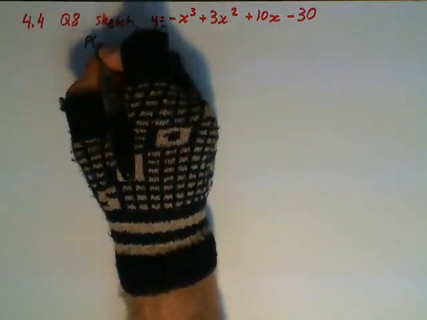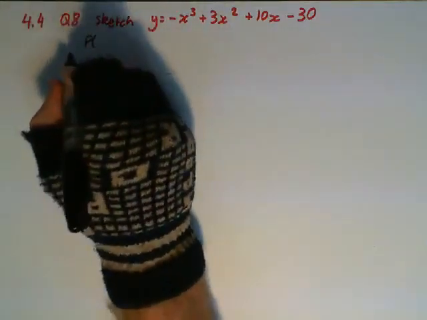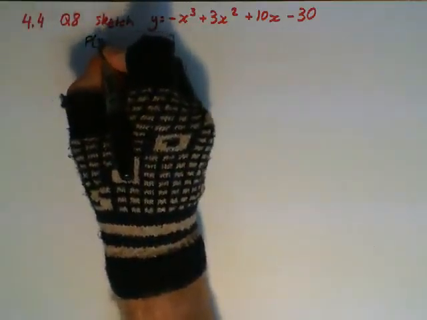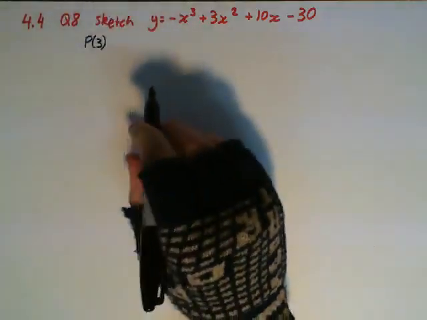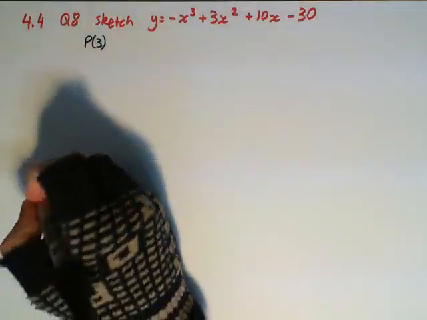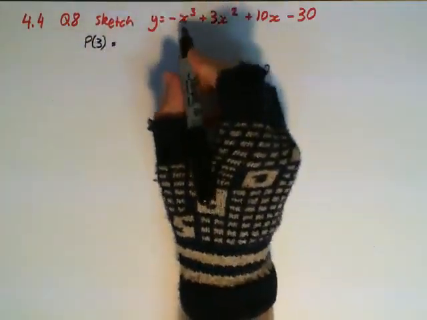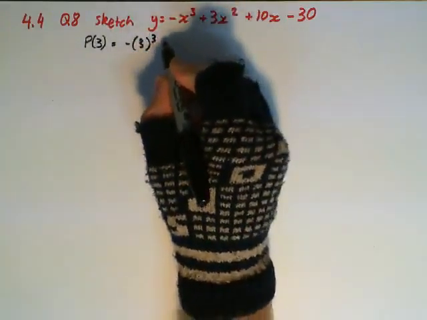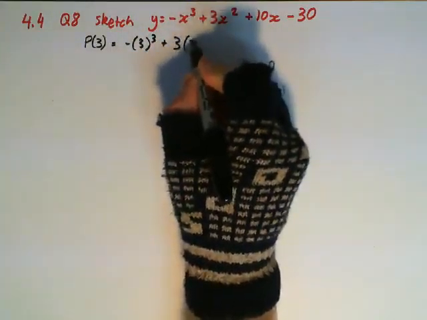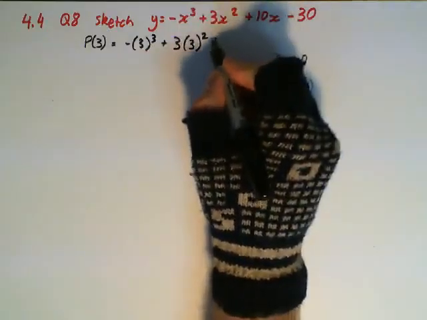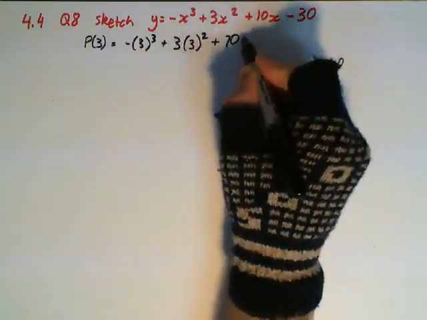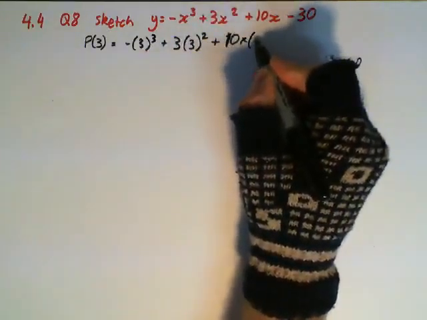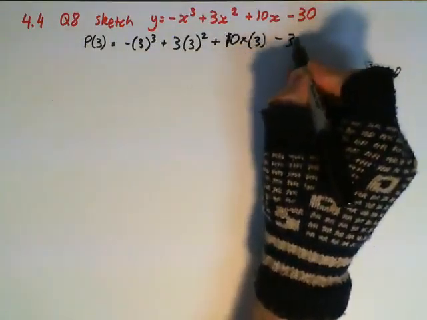So using our remainder theorem, p of, now we'll use positive 3, because positive 3 times 10 take 30 is 0. So p of 3 will have minus 3 cubed plus 3 times 3 squared plus 10 times positive 3 take 30.